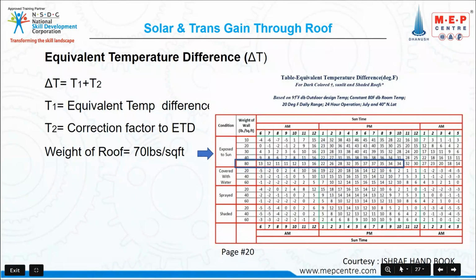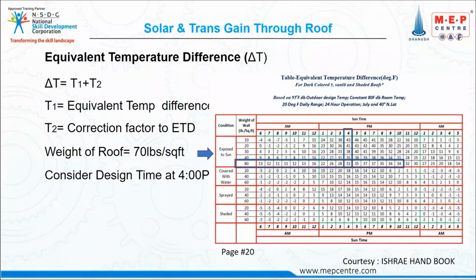Now at 4 p.m. it is 32. T1 equals 32 and T2 equals 19 degree Fahrenheit.